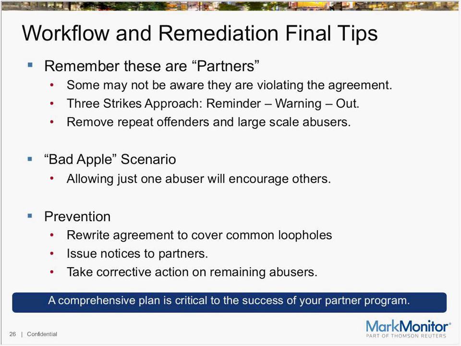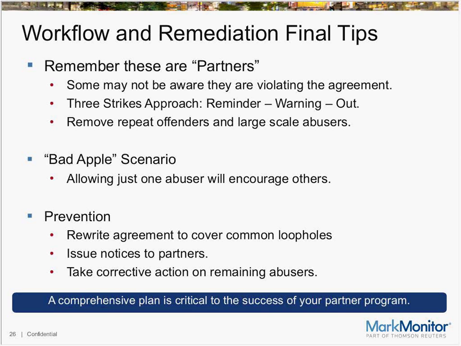And lastly, here are just some final tips, to remember that these are partners, that they may not be aware they're violating the agreement. I like to think of a 3 strikes approach, which I've been talking about here, and you want to remove your repeat infringers, your large-scale abusers. That's part of that prioritization process.